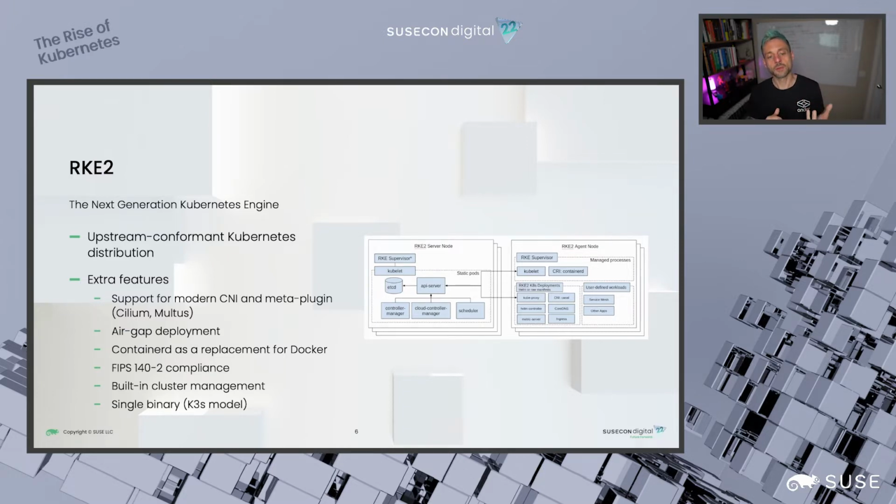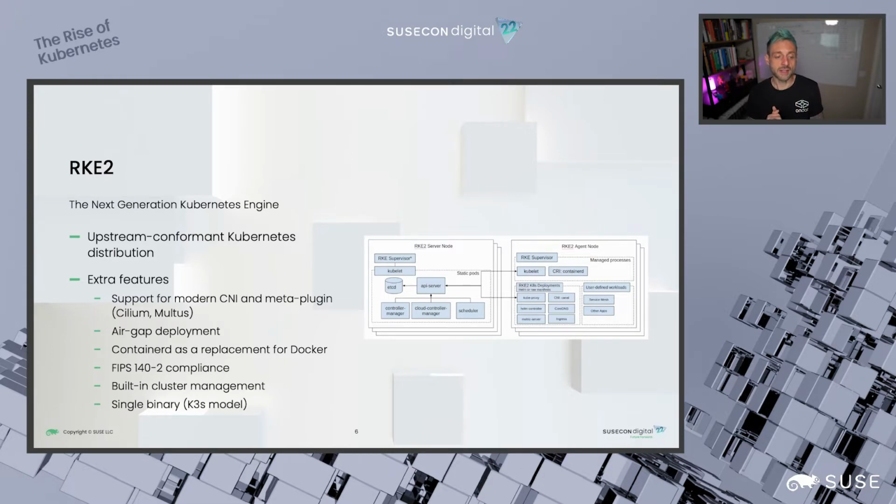By default, Docker has been replaced by Containerd, which is already a good start because Dockershim has been deprecated not so long ago. It has compliance with FIPS 140-2, which is a standard to approve cryptographic modules.